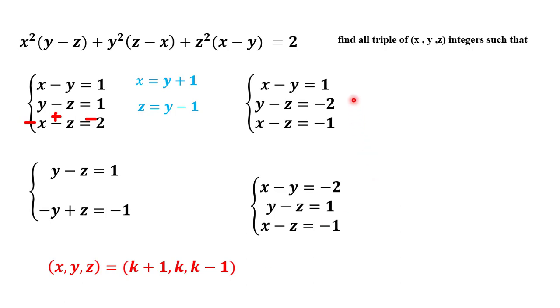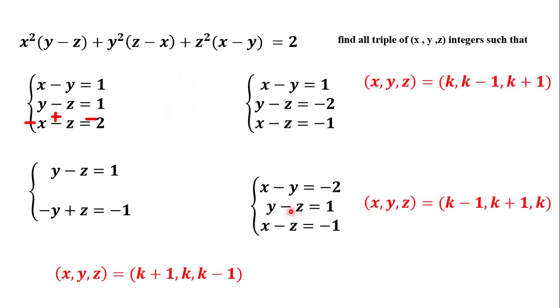Also, in the same way, we can find the solutions of the other systems of equations. If you solve the second system of equations, this system has infinitely many solutions, where the relation between x, y, and z is k, k minus 1, and k plus 1.